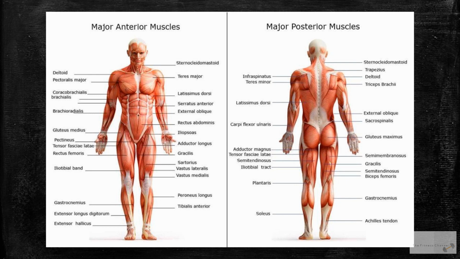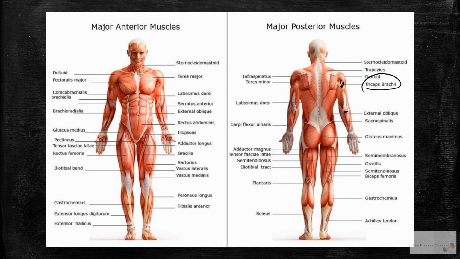So the next level is to be able to understand, there's your triceps brachii. If we level it up, most of the triceps actually start on the humerus. So the origin is the humerus and the insertion is going to be on the ulna. So that would be the next level up.